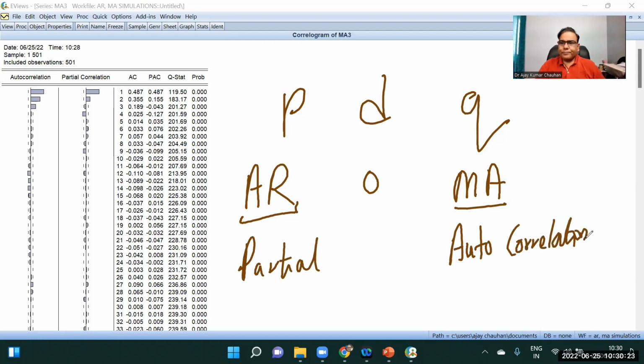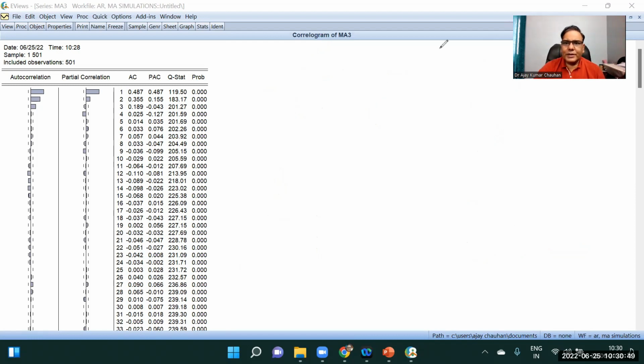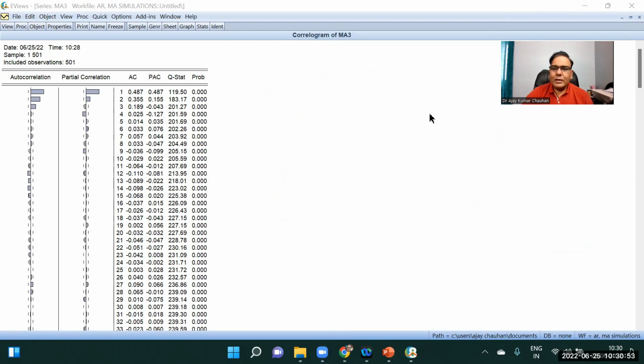This is an important thing you need to remember. So how many P and how many Q we have to incorporate in ARIMA is decided by the correlogram. So this is very, very important to explain ARIMA forecasting. Assuming that you understood the concept of AR and MA, AR means the momentum and MA means the error term, the impact of the news.